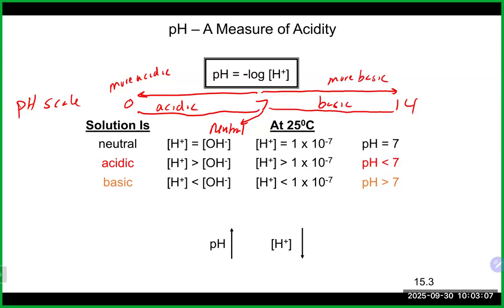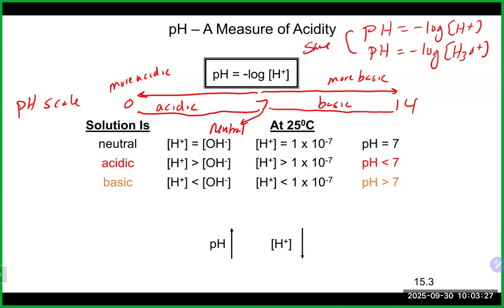And to calculate, the pH is equal to negative log of the H plus concentration. So this, once again, is another one where you could swap out the H plus for the H3O plus, same thing, whatever you like. Now, obviously, if we have a neutral solution, the concentration of H plus equals the OH minus, we'll have an H plus concentration of 1 times 10 to the minus 7 and a pH of 7.